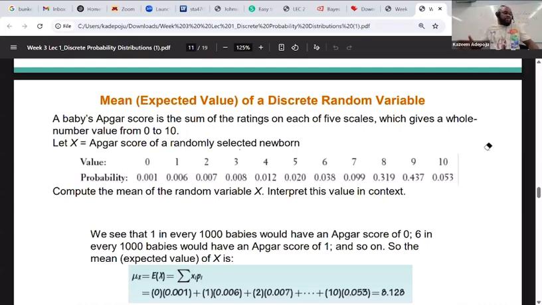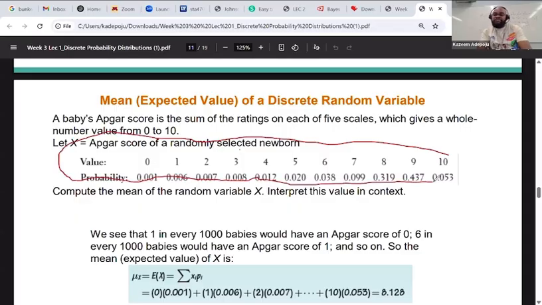The random variable here is from 0 to 10. For each value of the random variable, you have the corresponding probability. The question is asking you to compute the mean of the random variable X. Interpret the value in context. The mean of a random variable X is the same thing as the expected value of a random variable X.